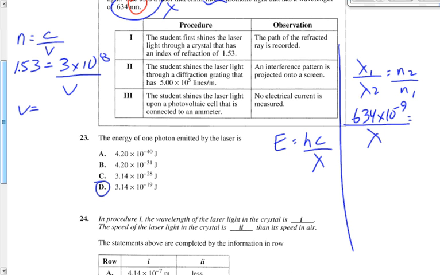The index of refraction of crystal is 1.53. The index of refraction of air is 1.00. So that's the way we're going to go. And it works out to be, by the way, 4.14 times 10 to the minus 7. That's going to give us either A or B, right?